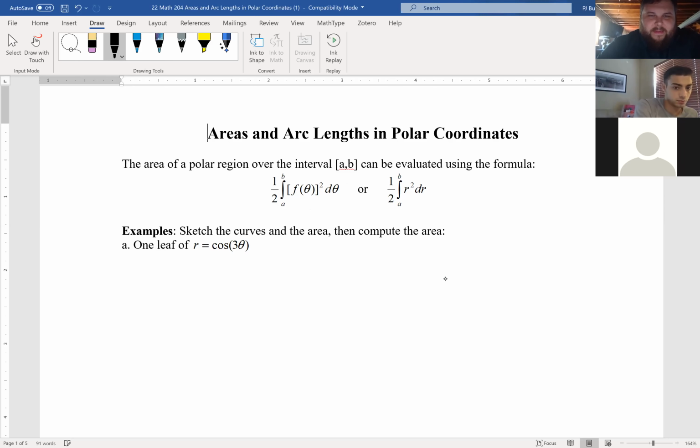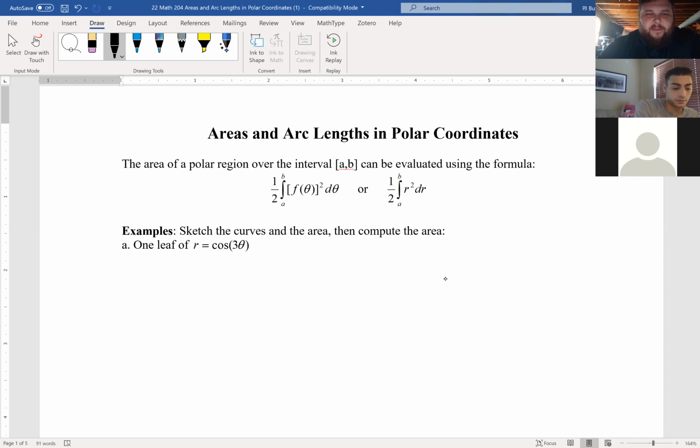I haven't gone back in quite a while. I don't know the origin of this 1/2 off the top of my head. But if you would like, I can go back and do that. But there is a 1/2 in front of any integral that you do in terms of a polar region. So just remember that that's out there.